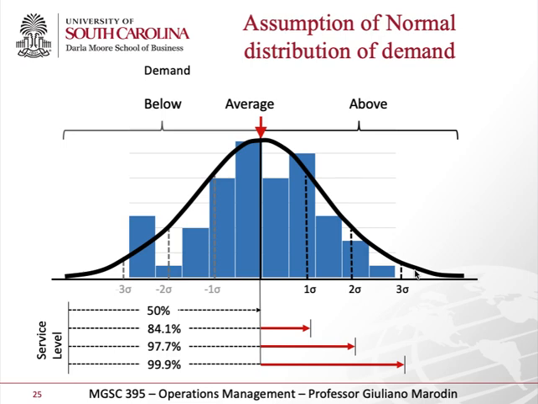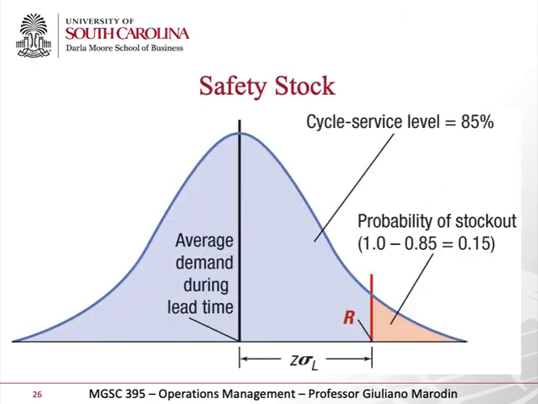So that's why we need safety stock, to cover all the times that your demand is higher than your average. Does that make sense? That's what this is also explaining. Let's say I set my service level at 85%. So I set my reorder point at 85% here. It means I acknowledge that there's a 15% chance of having a stockout, but that's okay.